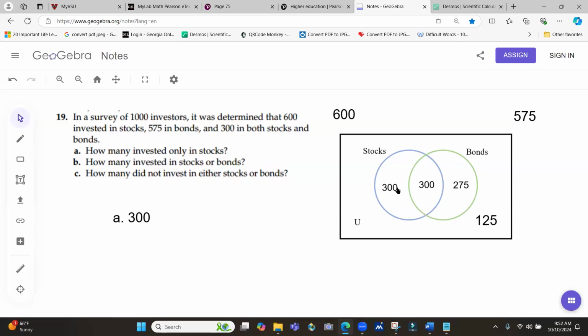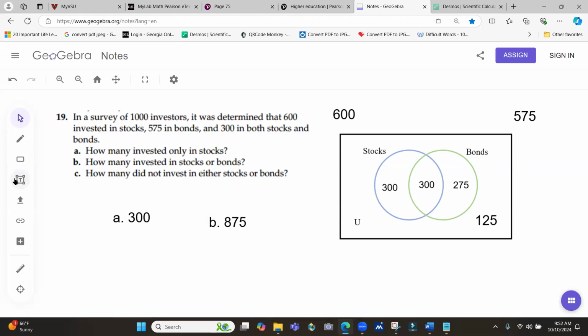So everything included in the two circles must be accounted for. You don't count anything twice. So 300 plus 300, 600 plus 275 is 875. That's our answer to B.